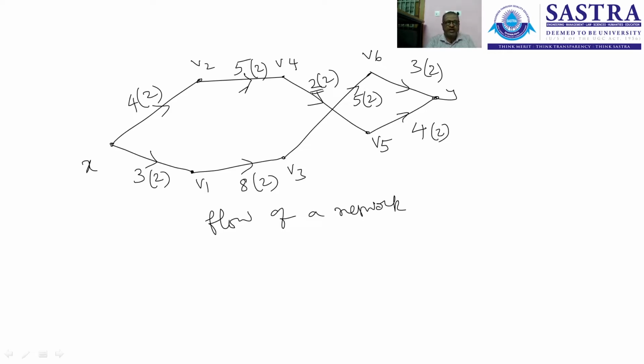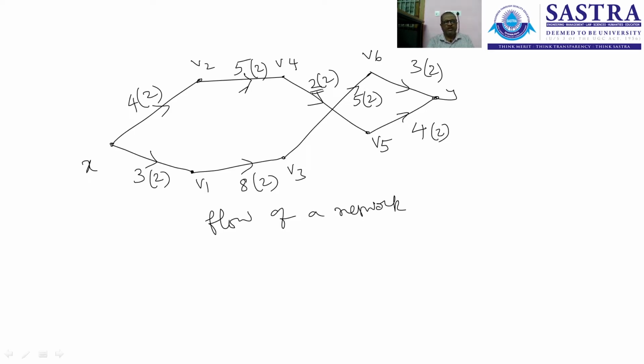And if I take any intermediary vertices, the incoming value is always equal to the outgoing value. Here I have taken a constant. I can also vary from one vertex to the other.